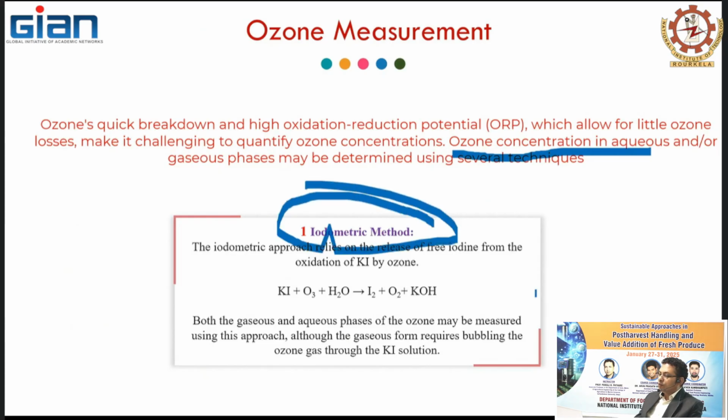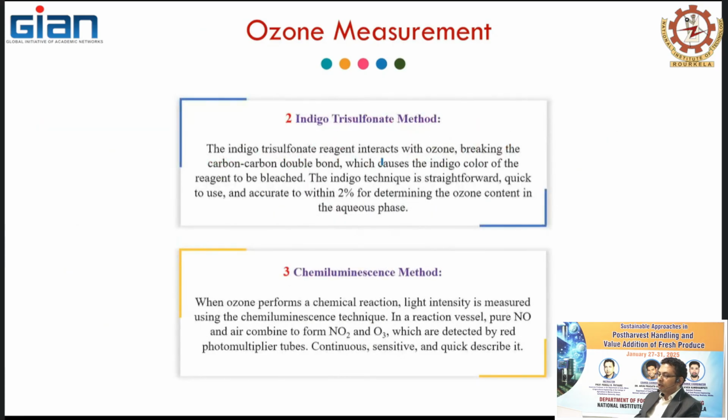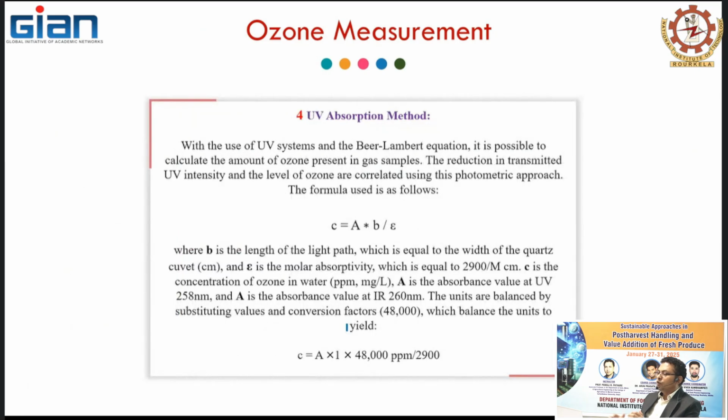So with the help of potassium iodide plus ozone plus air, we are looking here to get the concentration that is utilized for the process. Another one is the indigo sulfonate method, and the UV absorption method that is nowadays used with the UV.